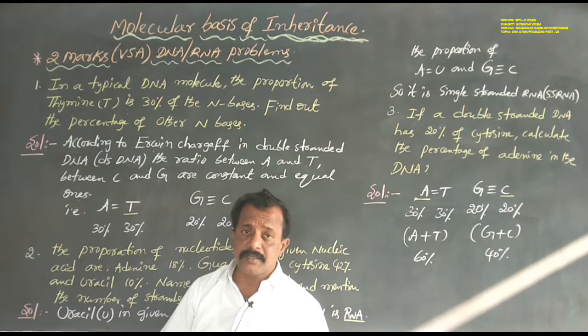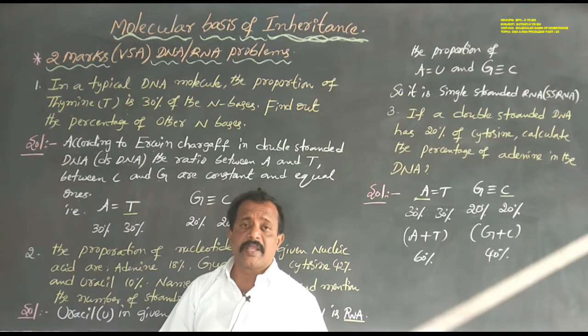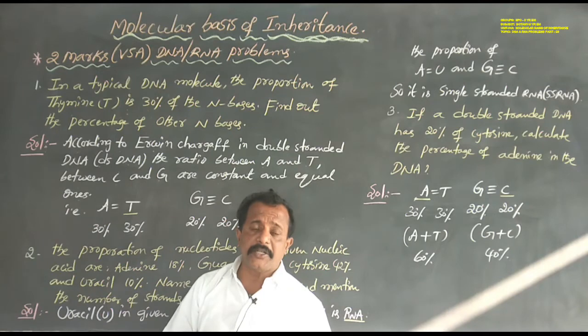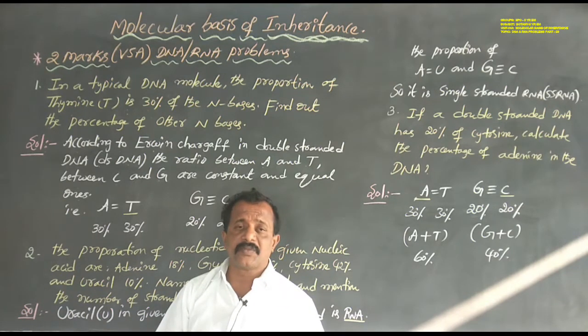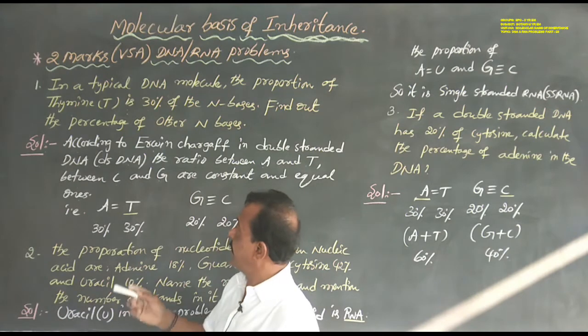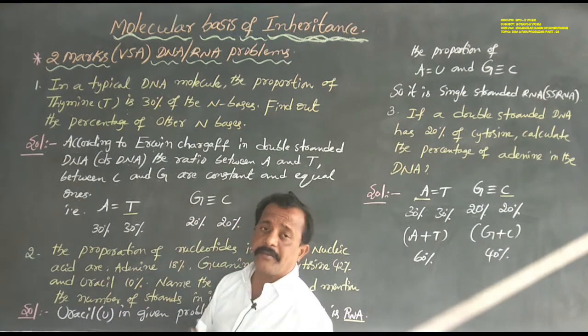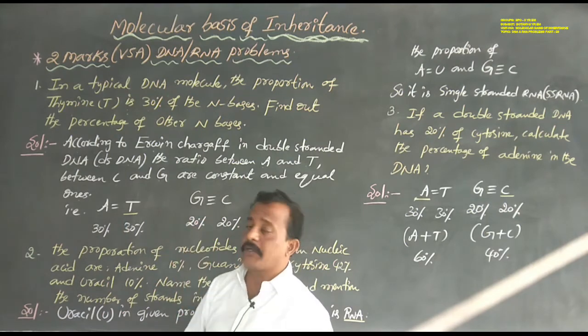According to Erwin Chargaff, in any double stranded DNA molecule the nitrogen bases are purines and pyrimidines. The purines are adenine and guanine. The pyrimidines are thymine and cytosine.